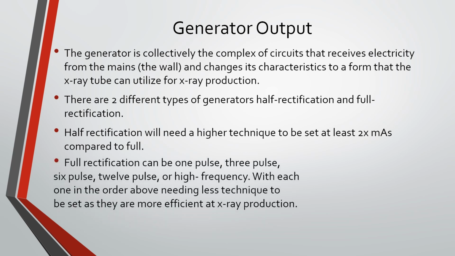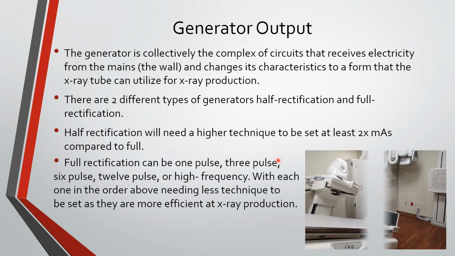Full rectification can be 1 pulse, 3 pulse, 6 pulse, 12 pulse, or high frequency, with each one in the order above needing less technique to be set as they are more efficient at X-ray production. So as we go along here, from 1 pulse, 3 pulse, 6 pulse, 12 pulse, to high frequency, less technique needs to be set with each one of these generators, with the more pulses there are for the fully rectified ones.